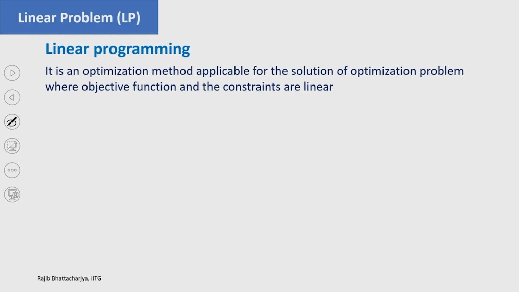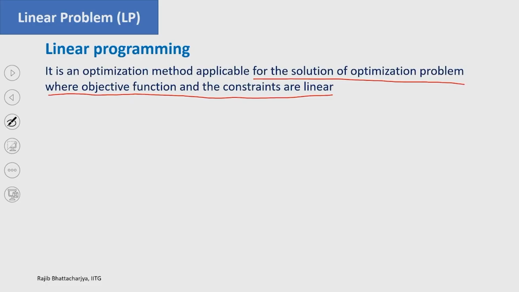Linear programming is an optimization method applicable for the solution of optimization problems where the objective function and the constraints are linear. So, what is linear programming?